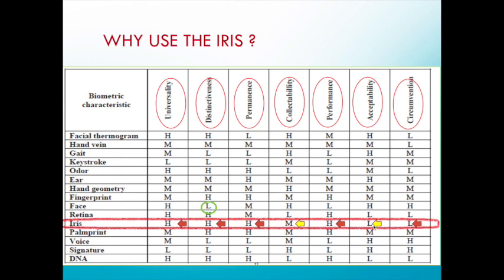But that's all changing right now, because the systems that we're seeing can acquire someone's iris at a distance, turning this medium collectability and low acceptability into high collectability and high acceptability, because people won't even realize their iris is being acquired, which will make the iris across the board really the gold standard of biometrics compared to any of the other biometrics. We have here fingerprints and face. In any of these characteristics, the iris really is top dog in that domain.